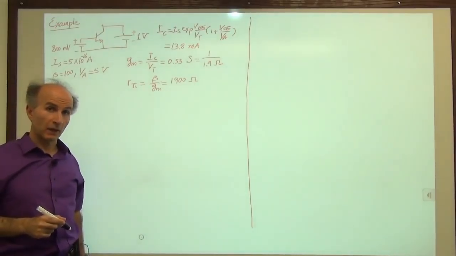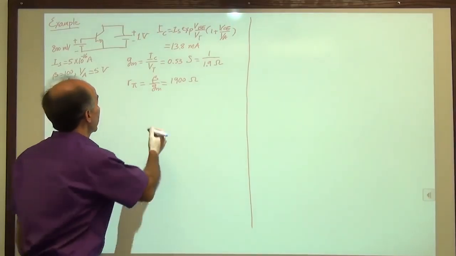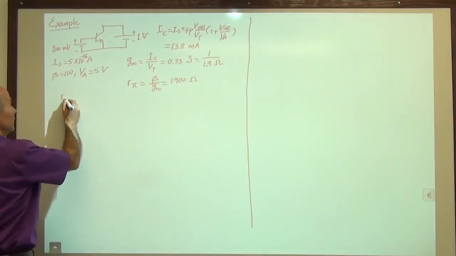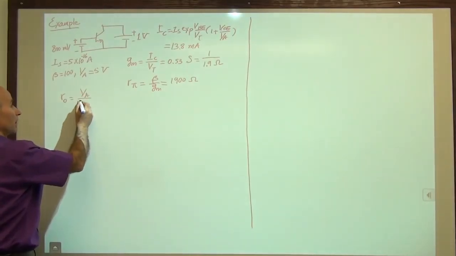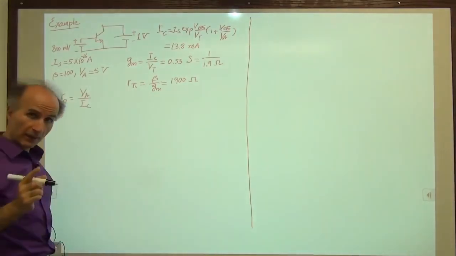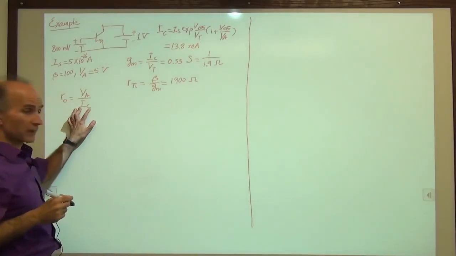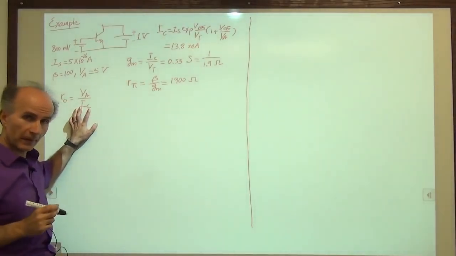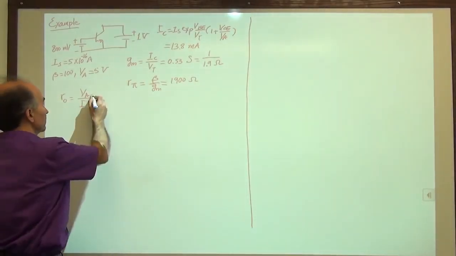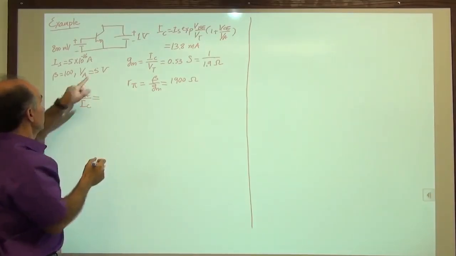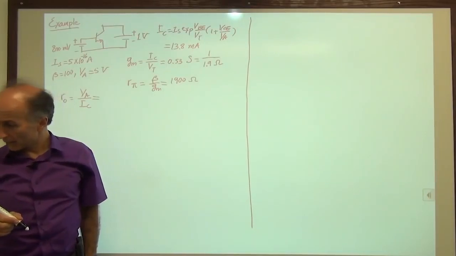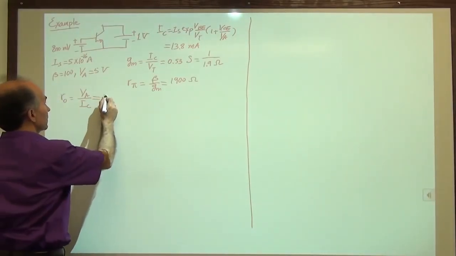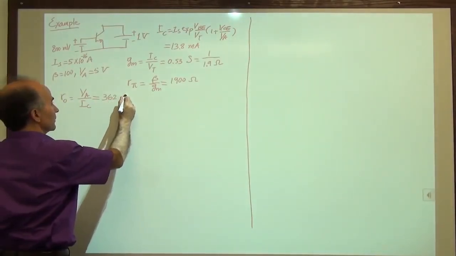What else? RO needs to be calculated. And we know that RO is equal to the early voltage divided by the bias current in the collector. Approximately, if you remember, this was not exactly the collector current, but that's okay. So it's 5 volts divided by 13.8 milliamps, and that comes out to be 362 ohms.